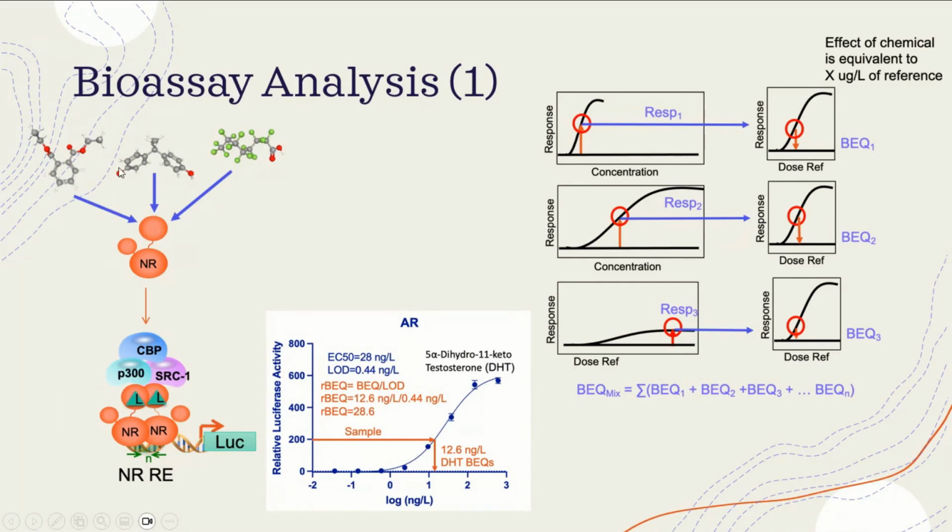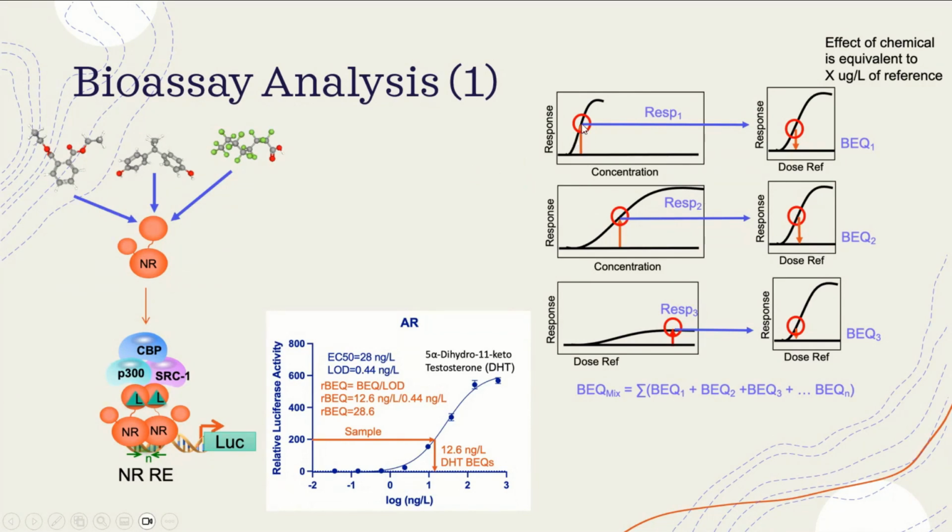So we can look at each of these chemicals alone and see that they lead to a dose response curve. Or what we can do is look at a mixture where these chemicals are present and get an idea of the activity within that sample that is the result of the mixture. And just to give you an idea, these 3 chemicals by themselves, each one of them has a different dose response characteristic.